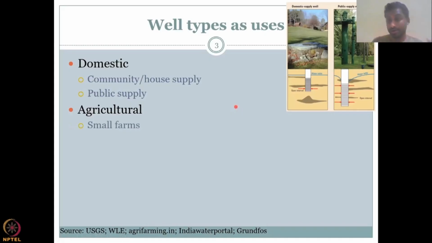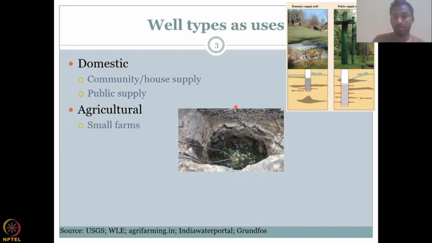The next part is agriculture, the most important groundwater user in terms of volume. There are different types within the agricultural sector. There are small farms, which look like this, where small farms would have dug wells or hand-dug man-made wells.